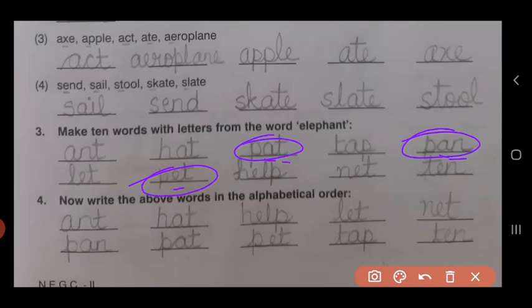N. So that means my first will be pan. Next will be pat. And then I come down to P-E-T, pet.